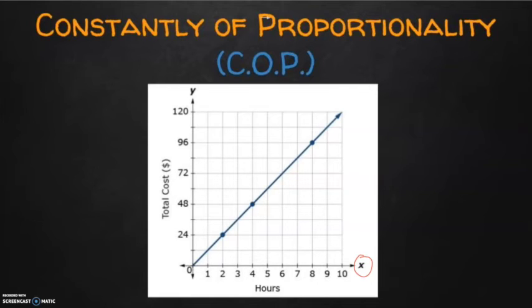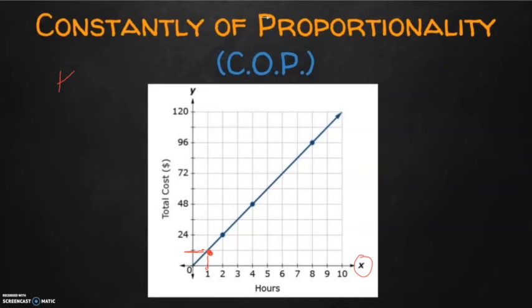And then we want to go to 1. If we go to 1 right here and we go up, wherever we meet the y, that will be our constant of proportionality. So we see here that when x is 1, y is 12.